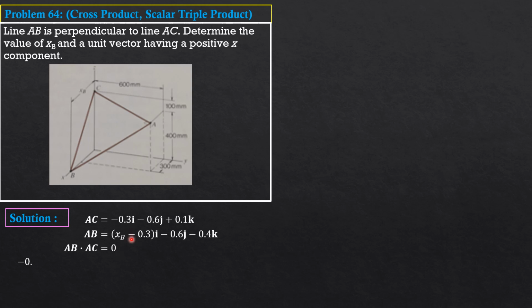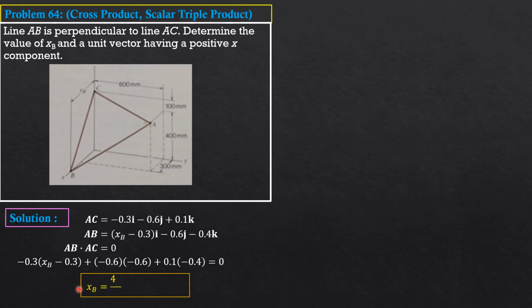So negative 0.3 times quantity XB minus 0.3 plus negative 0.6 times negative 0.6 plus 0.1 times negative 0.4 equals 0. From here, only XB is the unknown. We can now solve XB: 41 over 30 or 1.367 meters.